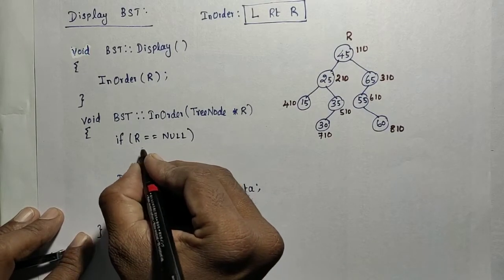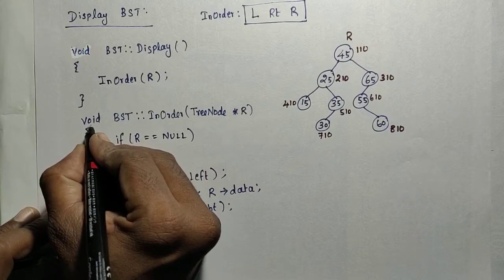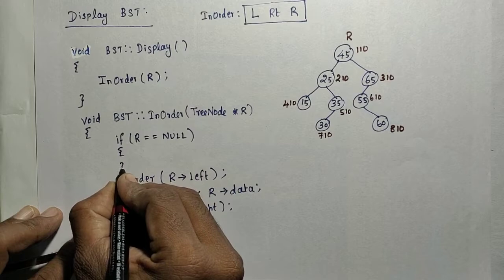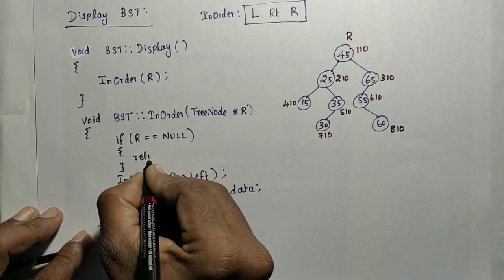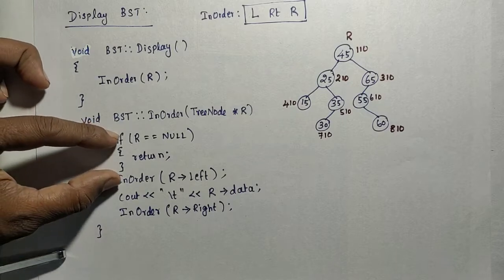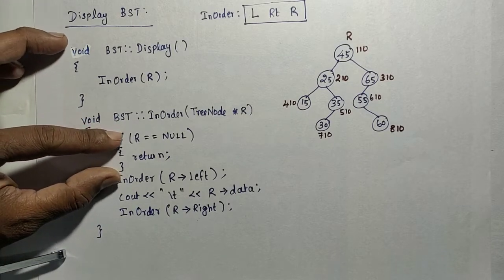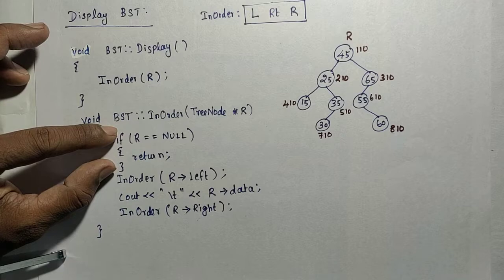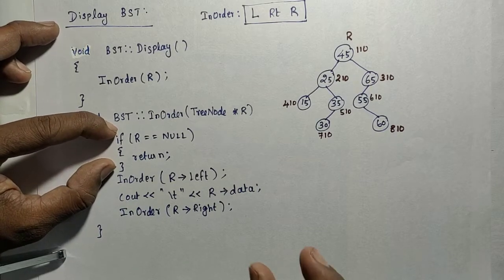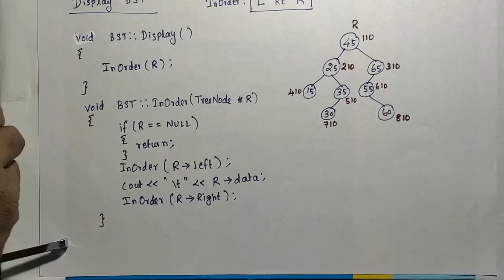So just return. Void means no value to be returned, just control has to be returned. So I just call return, do nothing. This is the base case for this recursive function. Similarly, for any recursive function you write, we need to set the termination.